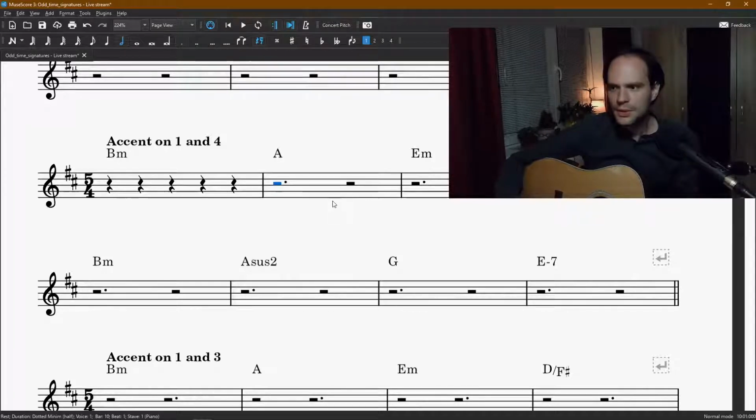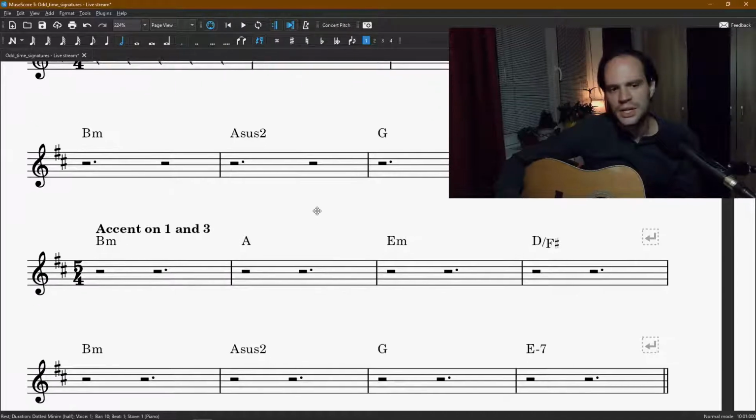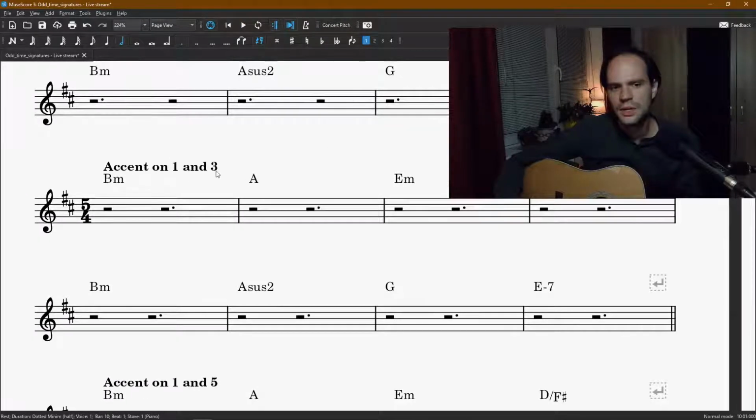If everything about that is clear, I also want to quickly play to you what it would sound like if I had the accent on the first and on the 3rd beat. So what I did now is I switched them. Now we have the group of 2 in the beginning, and then the group of 3 at the end.